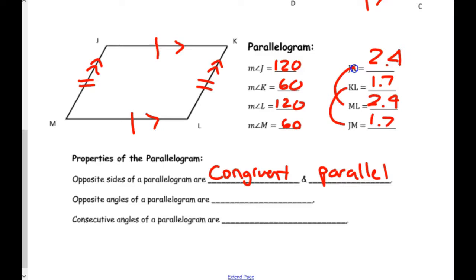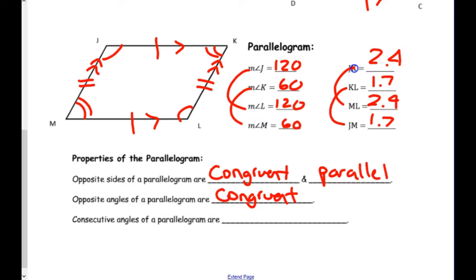The second one, opposite angles are what? So again, look at these opposite angles. They are congruent. Okay. And then consecutive angles of a parallelogram are, so I want you to notice, opposite angles, one arc, opposite angles, two arc.